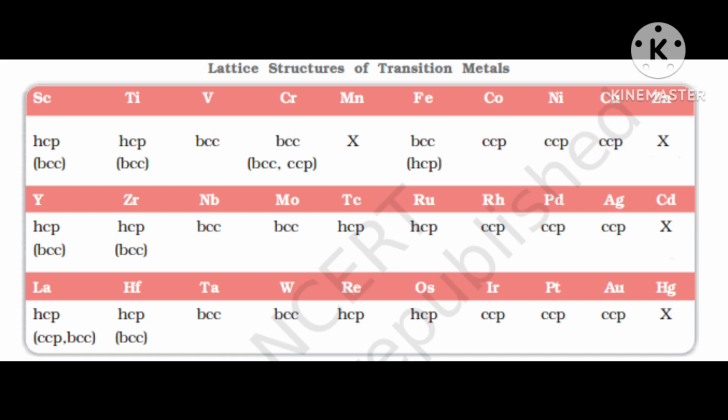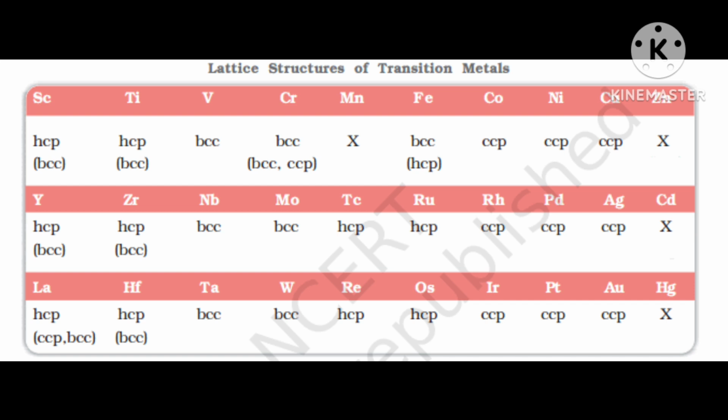Melting points of the 3d, 4d and 5d transition metals I have now told you. 3d means first series, 4d means second series, 5d means third series. The high melting points of these metals are attributed to the involvement of a greater number of electrons from (n-1)d in addition to the ns electron in the interatomic metallic bonding.